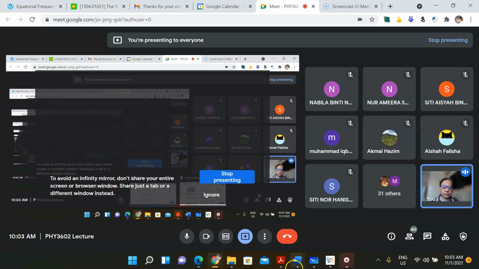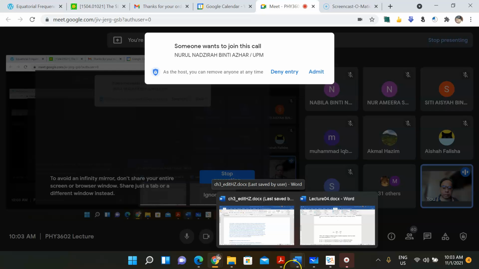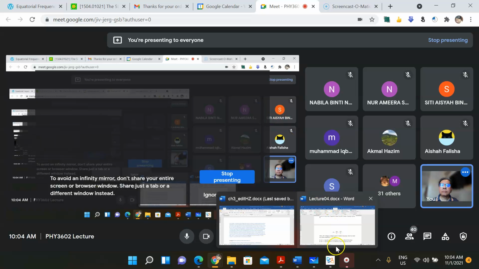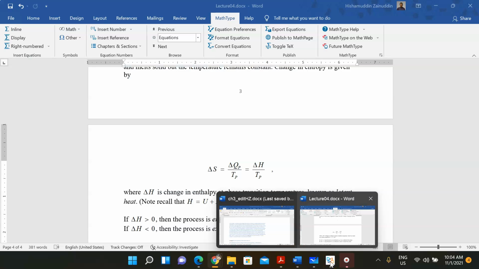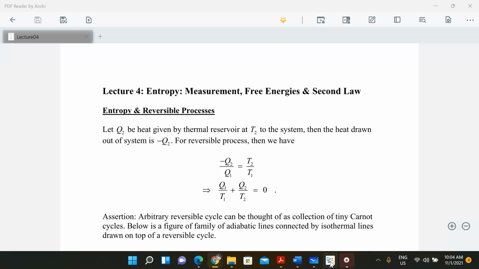Right. Today we're going to continue our lectures. Essentially, lecture three. Previously, we had done things. So today we are going to look at entropy in much more detail.